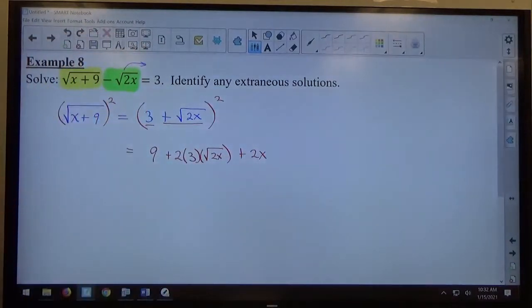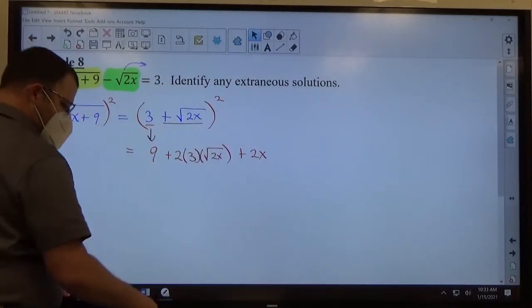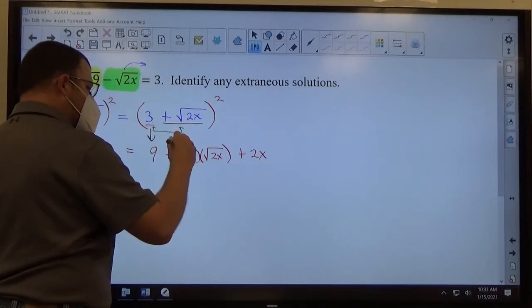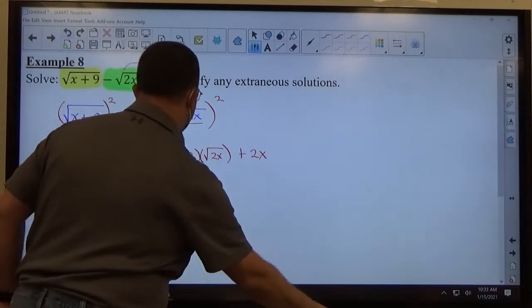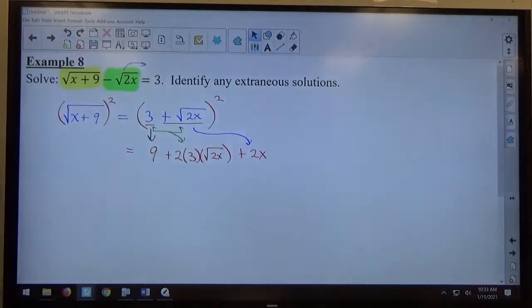Just using our algorithm for squaring a binomial, it tells us to square the first object. It tells us to double the product of the two objects. And it tells us to square the second object. We can beautify that in a moment.